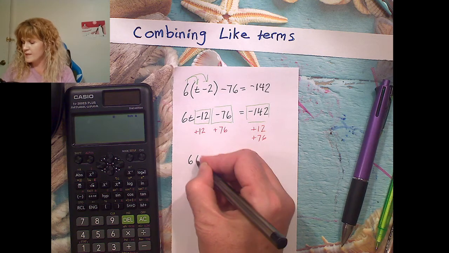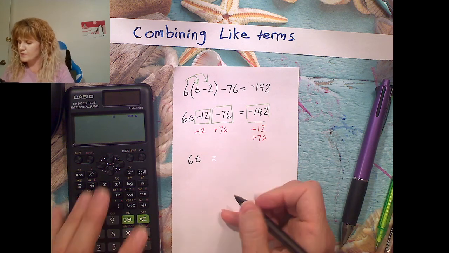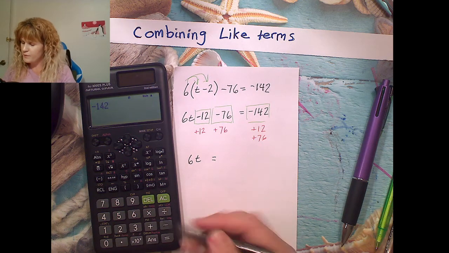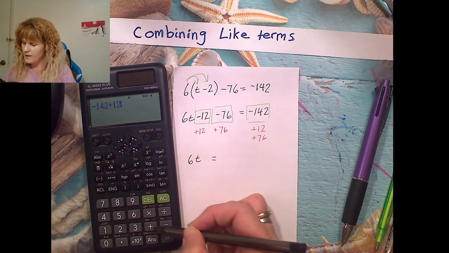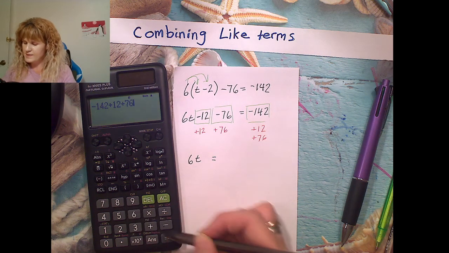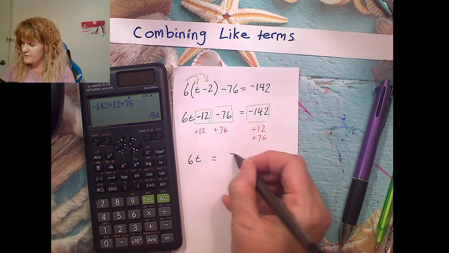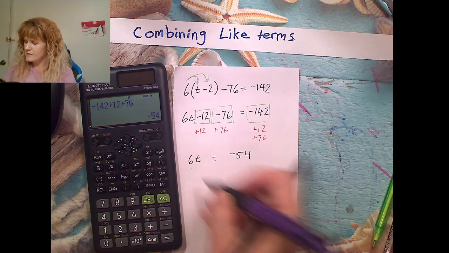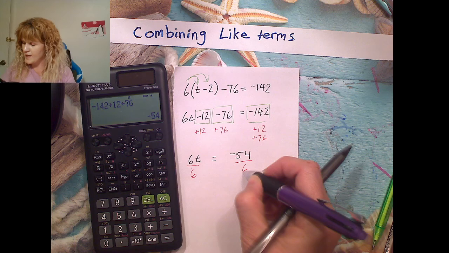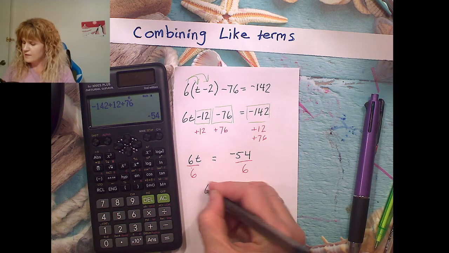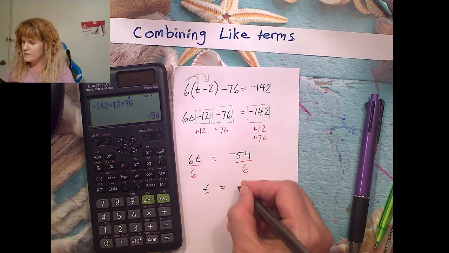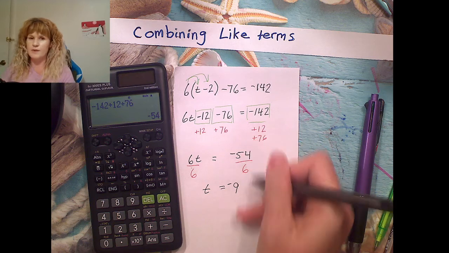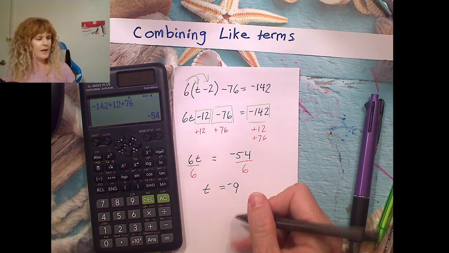And what I'm left with is 6t equals, and I've already got my calculator ready, I'm not going to make any mistakes, negative 142 plus 12 plus 76, and we get negative 54. Okay, good. Now divide by 6 and divide the other side by 6, and you'll get t equals 9. Oops, I almost forgot the negative sign. That's negative 54 divided by 6. Phew. Okay, great job, guys.